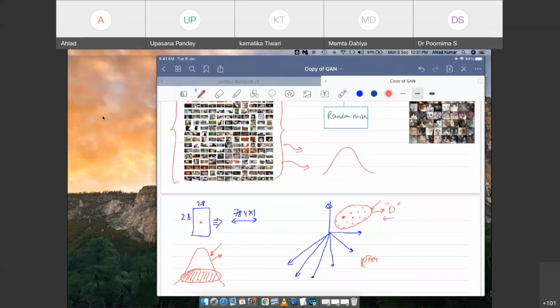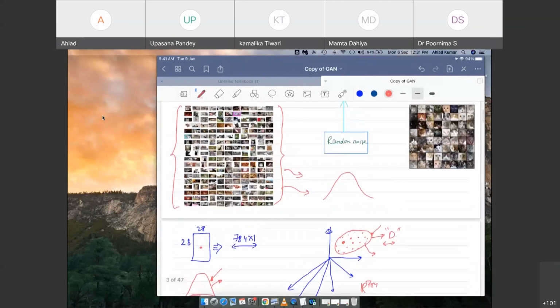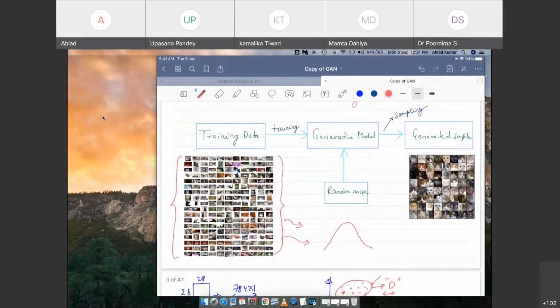This is the objective of the generative model: to come up with the distribution that encompasses all the cat images inside it. Now you are going to feed a random noise here. Let me show that.